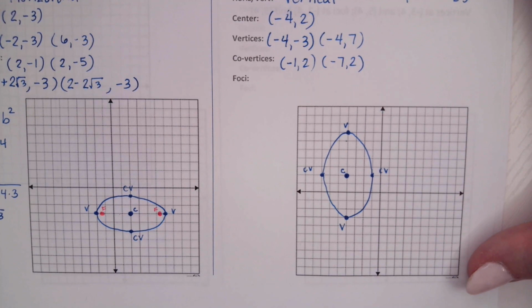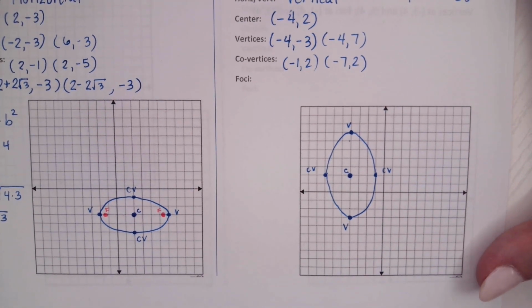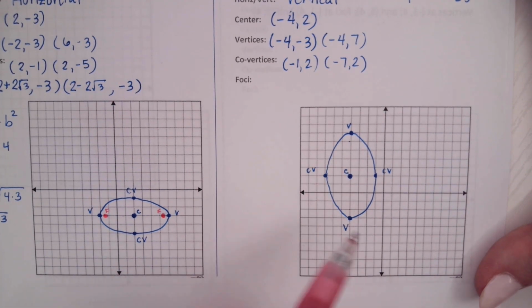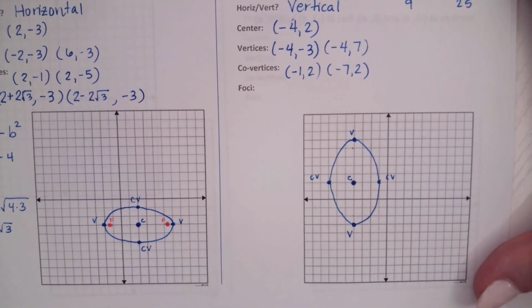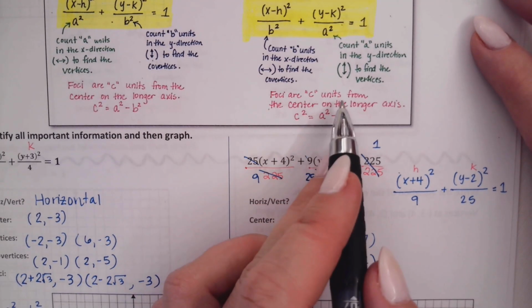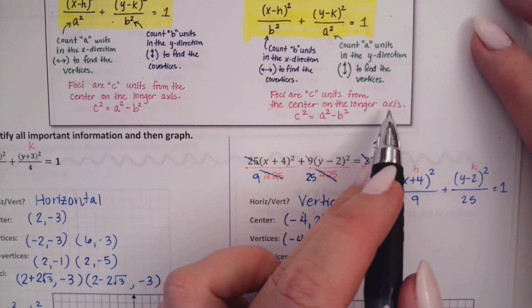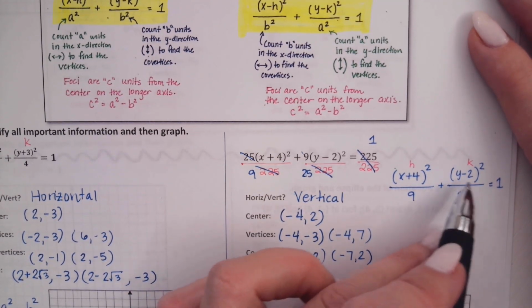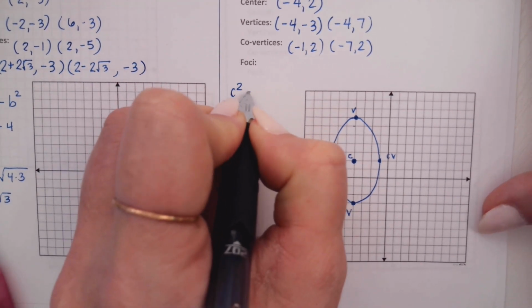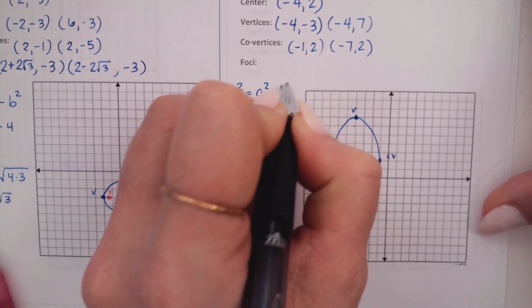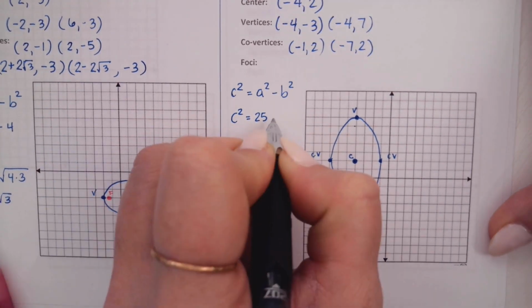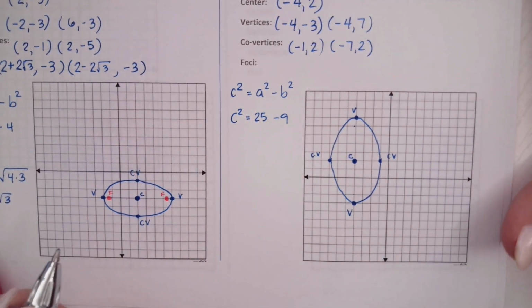Okay, and then last up, we're going to put in our foci, which are part of the technical definition of how you would draw an ellipse. Even though we kind of free-handed it, we can still put them in after the fact. Remember, foci are c units from the center on the longer axis. c is found by c squared equals a squared minus b squared, which is your larger denominator minus your smaller denominator. So we'll take our larger denominator of 25 and subtract our smaller of 9.